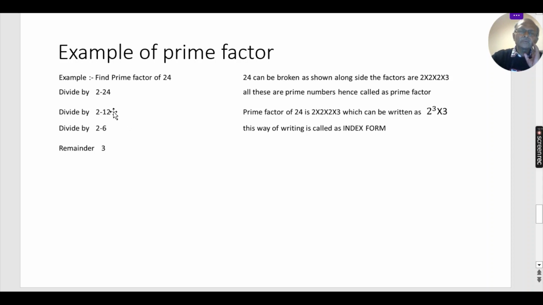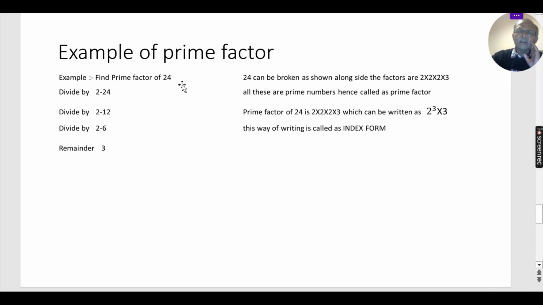How? 12 can be written as 2 into 6. Again here 2 is a prime number, but 6 is not a prime number because it can be written as 2 into 3. Got it? So 2 is a prime number as well as 3 is also a prime number.